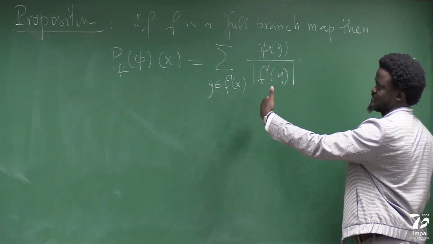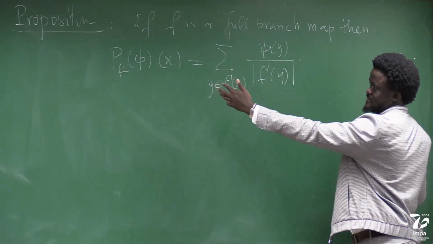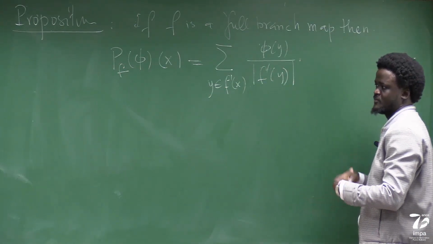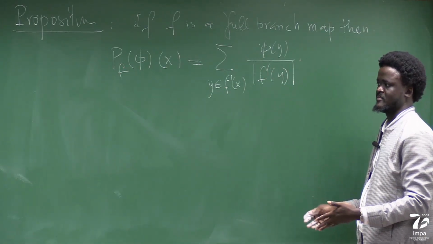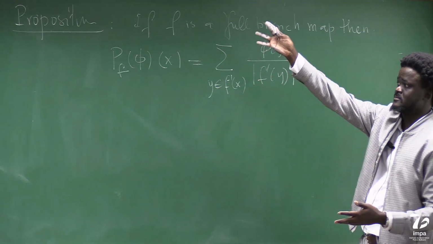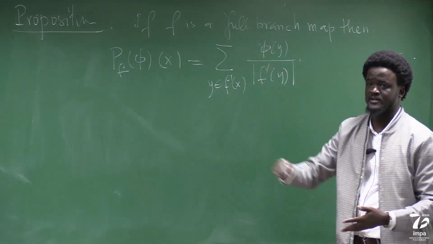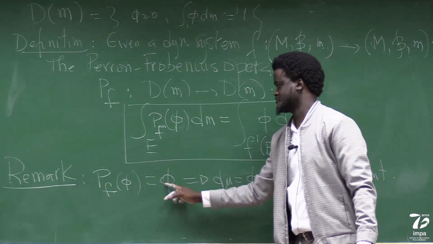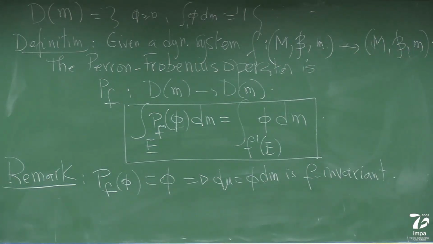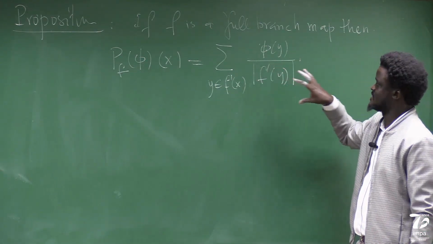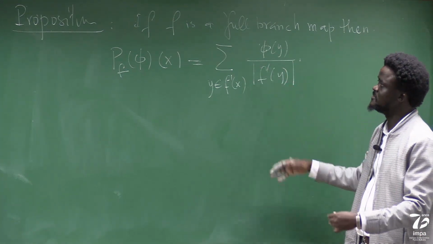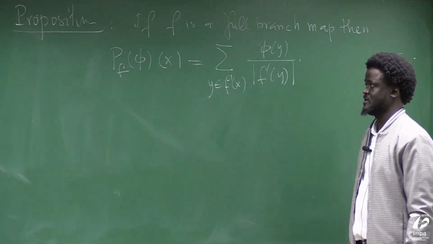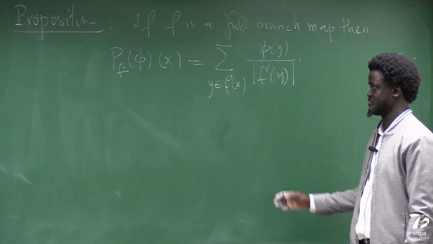So intuitively, this operator should define a contraction when the derivative is bigger than 1, in which case you can use the Banach contraction theorem by choosing a good Banach space, and you can find a fixed point for this operator, which gives an invariant measure. So having a bigger derivative is needed to be able to use this operator. Having derivative bigger than 1, like expansion, is important.